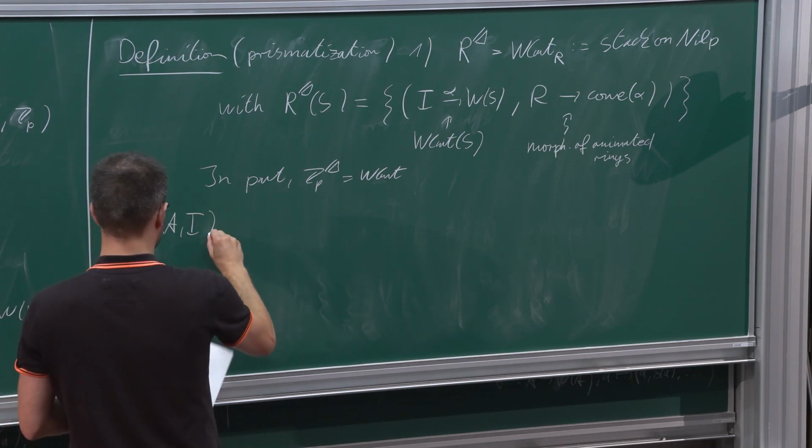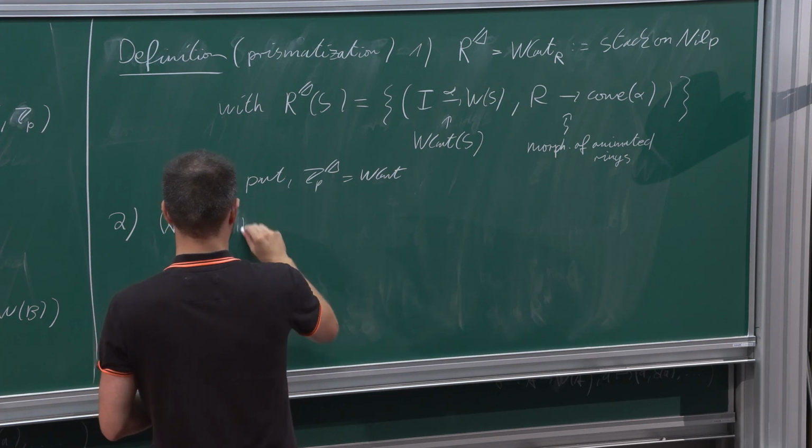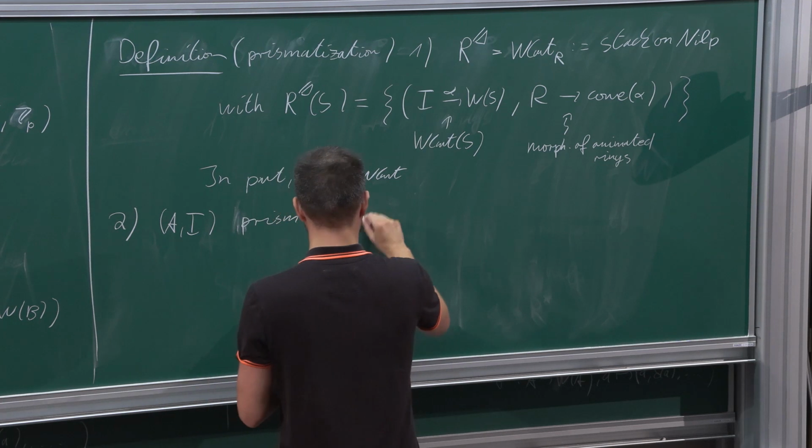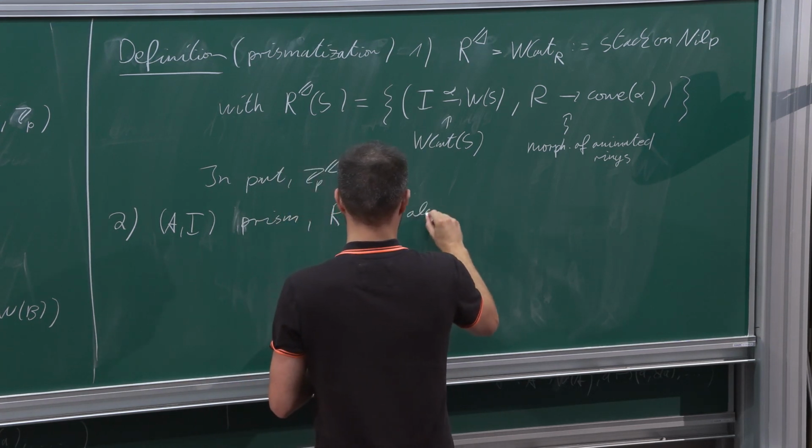And so to get the relative situation, one takes the following. Assume that (A, I) is some prism and that R is some A mod I algebra.